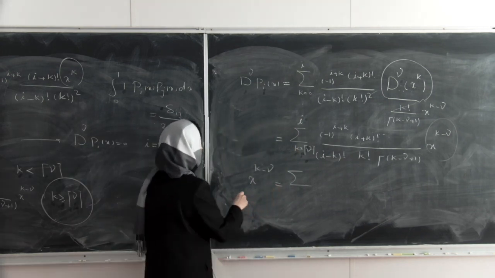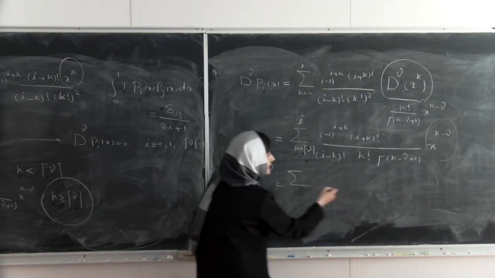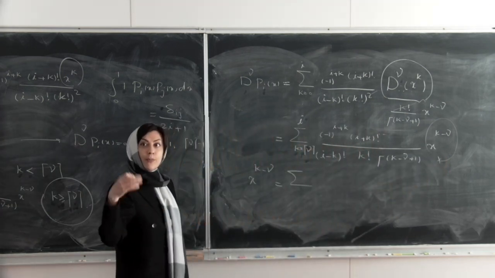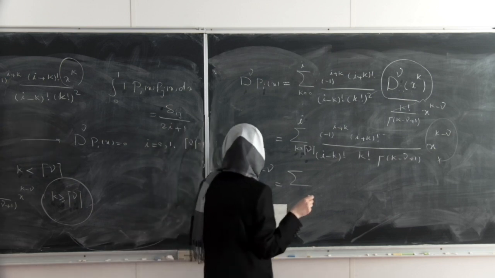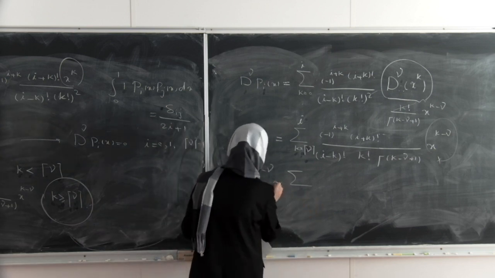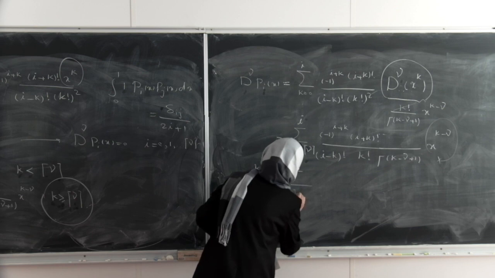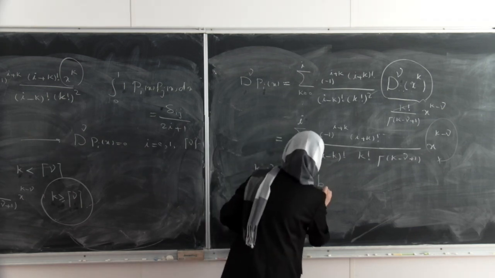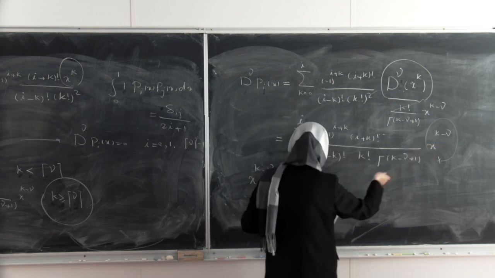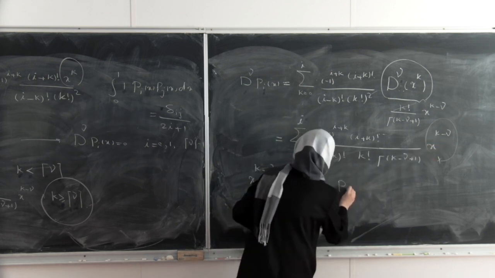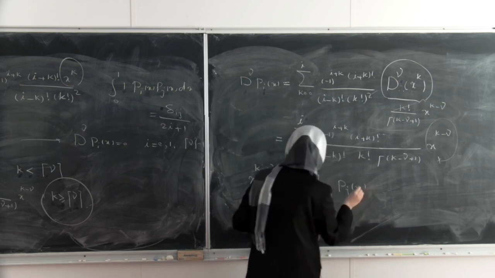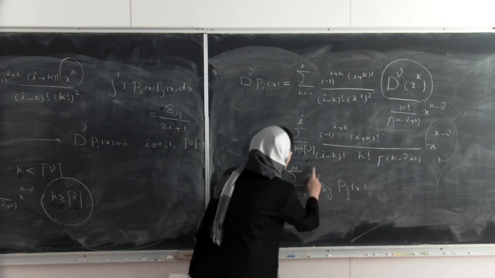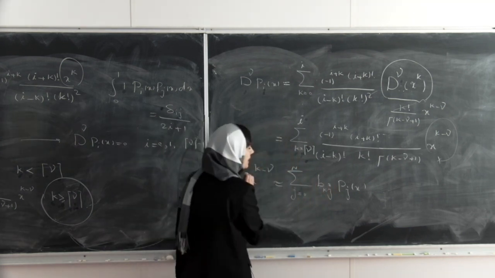Now I want to approximate this part by using the Legendre polynomials to find the operational matrix. So I can write x to the k minus nu equals the sum over j from 0 to n of b k j, from the approximation theory, P j of x. And from the definition we know that b k j can be obtained from the inner product.